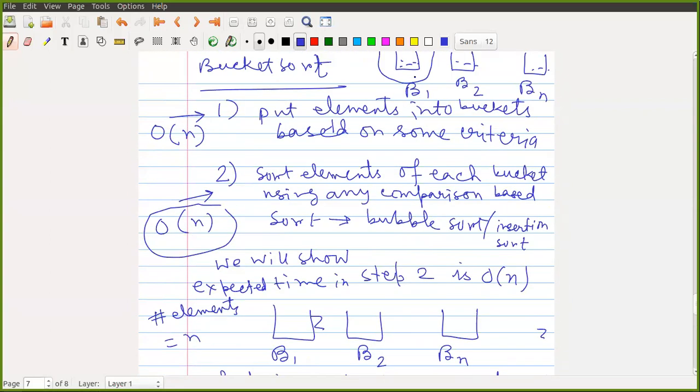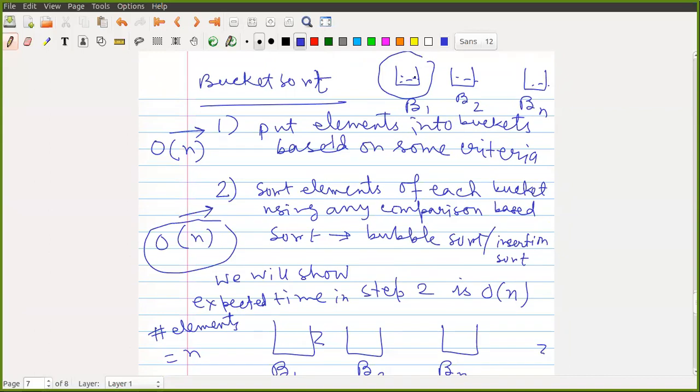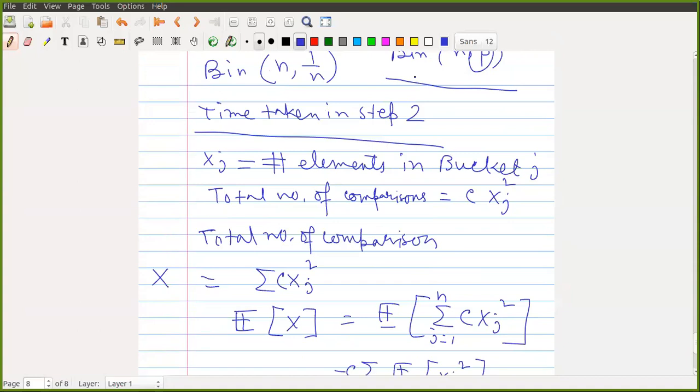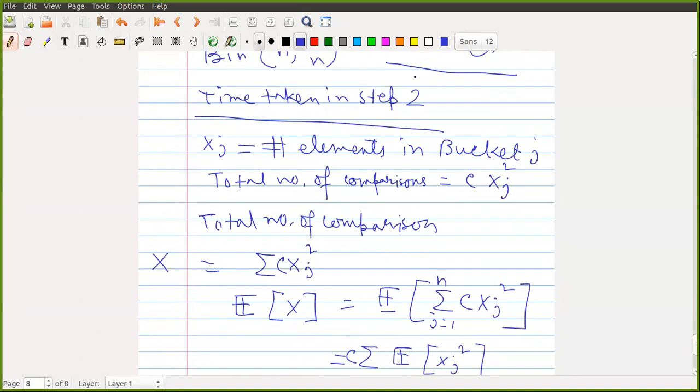No, sir, how did you get that xj squared, the next step? Yeah, that one. Can you see my screen? Yes, sir. So xj is the total number of elements in bucket j, right? In step 1 we have put all these elements into buckets.